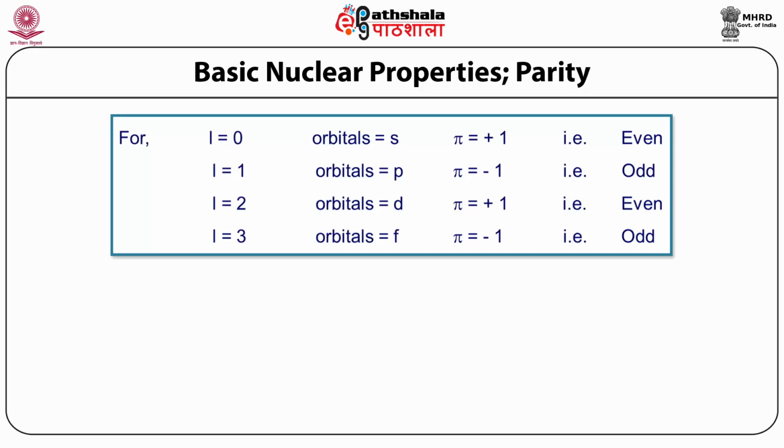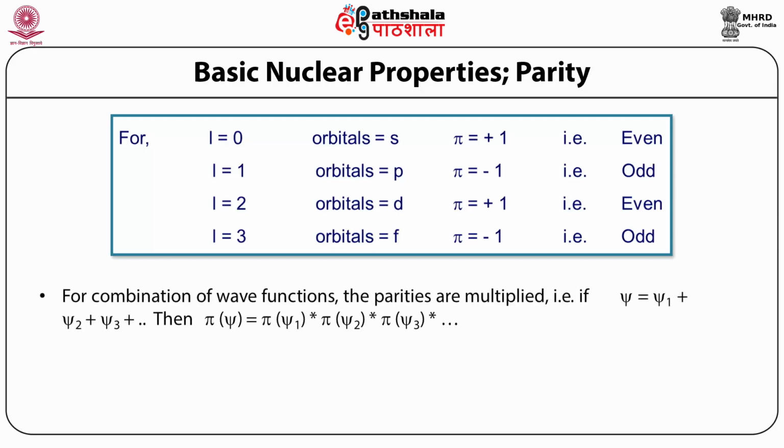Now if a nucleon is in the p orbital, then L is equal to 1, so parity is equal to minus 1, that is, parity is odd. Similarly, if the odd nucleon inside the nucleus is in orbital d, for which L is equal to 2, parity is even. And if the nucleon is in orbital f, for which L is equal to 3, we have pi is equal to minus 1, that is, odd parity.